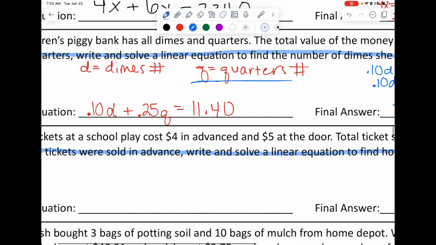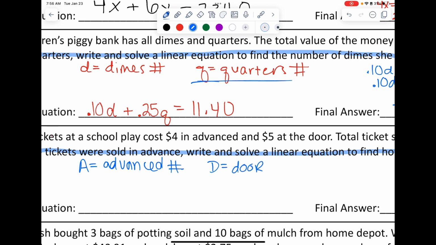So you can use X and Y. You can use A for advance tickets. We know the price. We don't know how many were sold. And you can use D for door tickets, or again, you can use X and Y. Again, we know the price of a door ticket is $5. We don't know how many were sold.